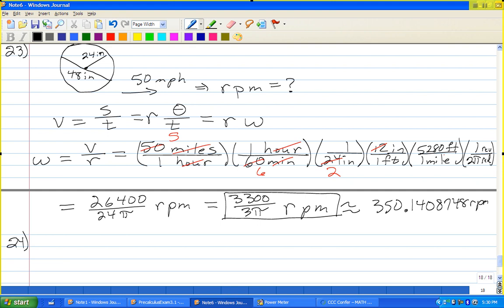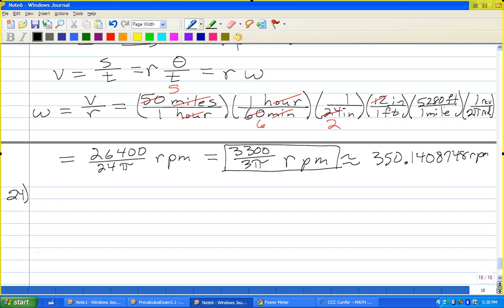a 20-foot ladder leans against the building so that, 72 degrees, sorry.